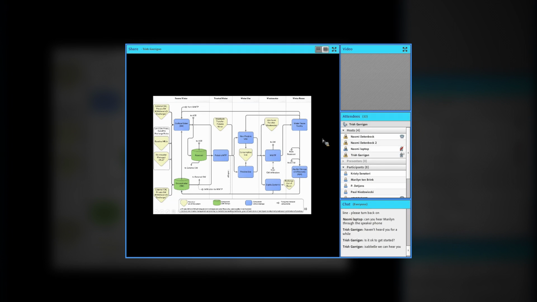This could be a standalone facility that treats wastewater and then is reused as non-potable water. So you see an arrow going back to non-potable. It can also discharge to surface water, a scenario left in case you're in a really dire condition and you're going to treat the water and release cleaner water back into the river.